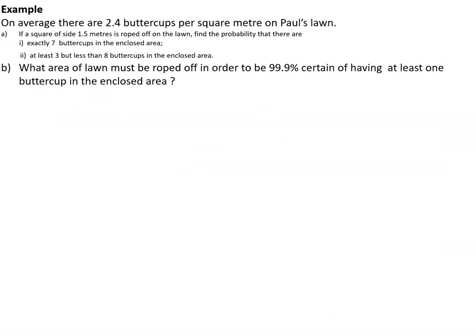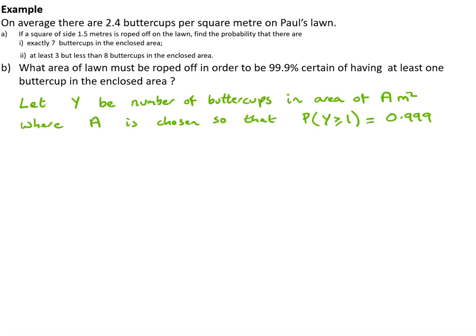And for the third part of this question, we want to know what area of the lawn must be roped off in order to be 99.9% certain of having at least 1 buttercup in the enclosed area. Right, let y be the number of buttercups in an area of a meters squared, where a is chosen so that the probability that y is greater than or equal to 1 is 0.999.